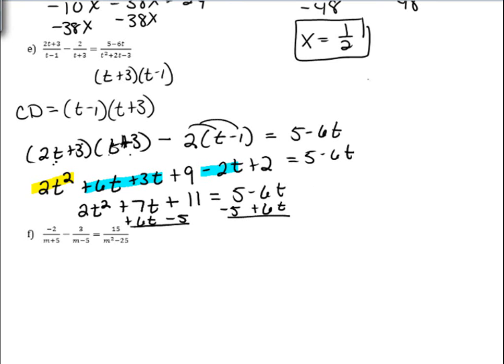When we do that, we end up with 2t squared plus 13t, and that would be plus 6. And now it's equal to 0. So now I need to determine whether I can factor this. The only way for me to factor 2t squared is 2t and t.